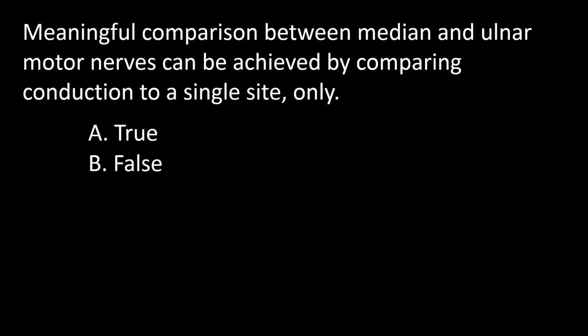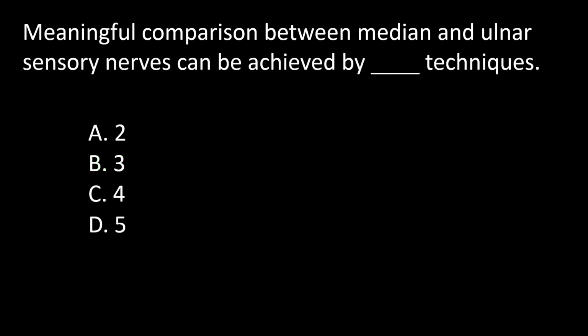So the answer to this question is B. Next question. Meaningful comparison between median and ulnar sensory nerves can be achieved by dash techniques: A, 2; B, 3; C, 4; D, 5.